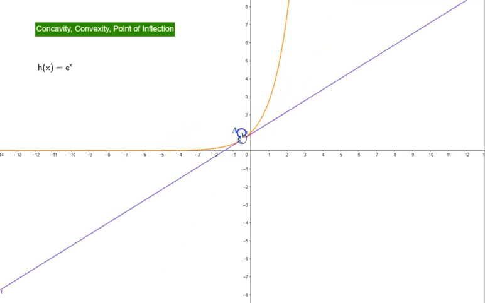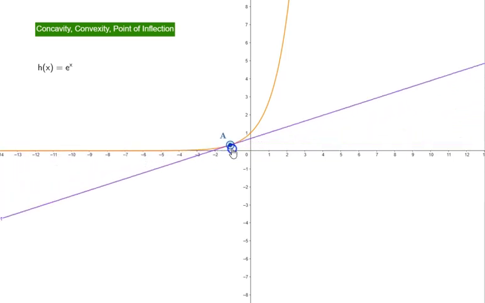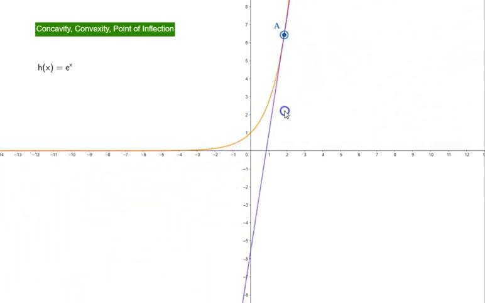Now let's look at the second example. This graph is for what? This is for e to the power of x. Again, we take a point on that and we take the tangent at that. So again, if I go along the x-axis, you will notice that the slope of the tangent keeps increasing throughout.